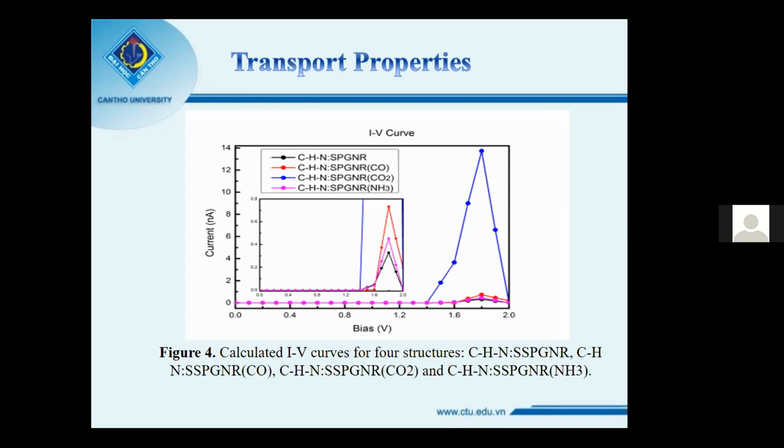They react a bit at 1.8 volts and after that. Comparing to the pure sample, the maximum current of the CO2 absorption sample is almost 45 times greater.